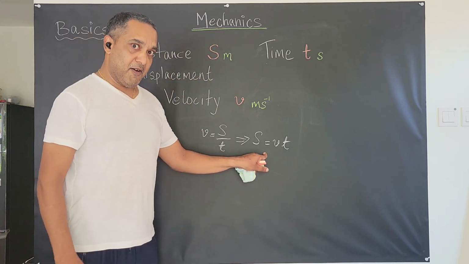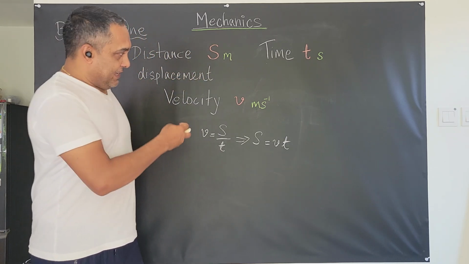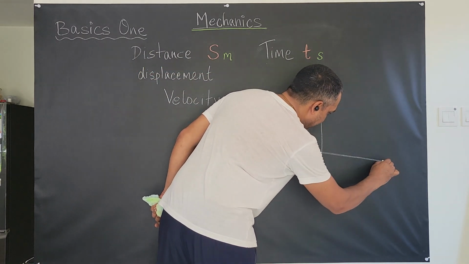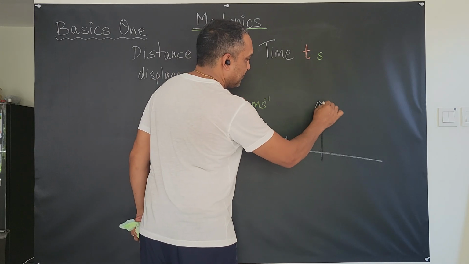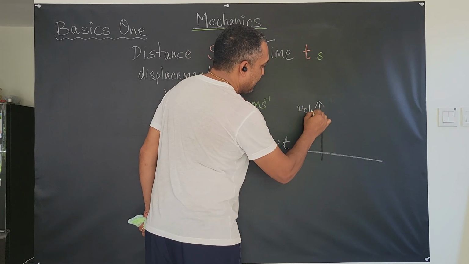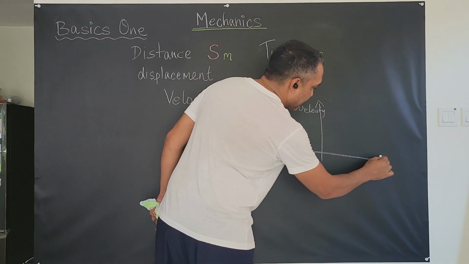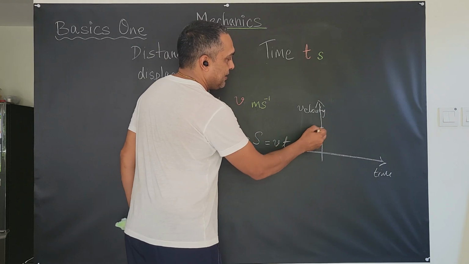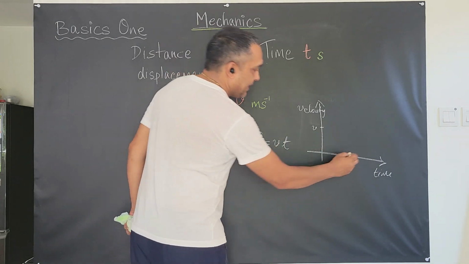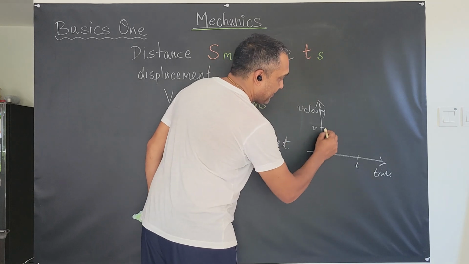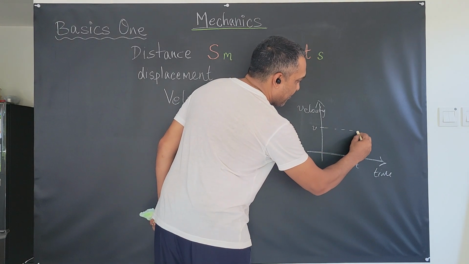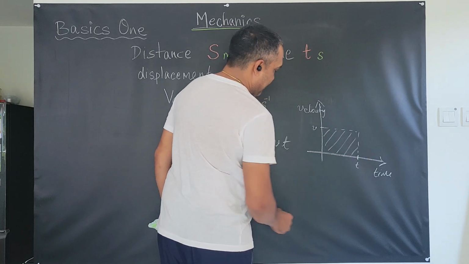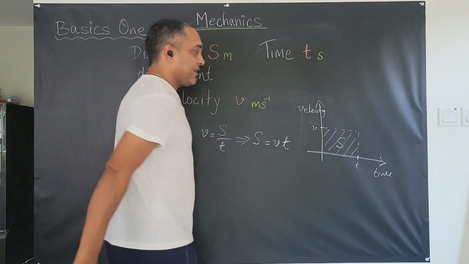That's really nice, because now we can introduce a little bit of fun with coordinate geometry and say if I had two axes here, one measuring velocity and the other being time, and if I had a velocity of v and a measure of time t, the product of the two, which is the area here, would simply be s.